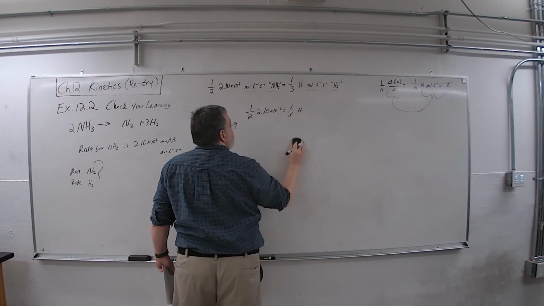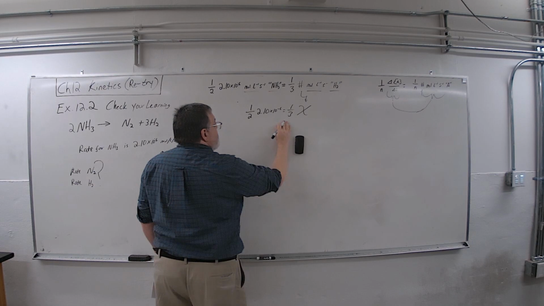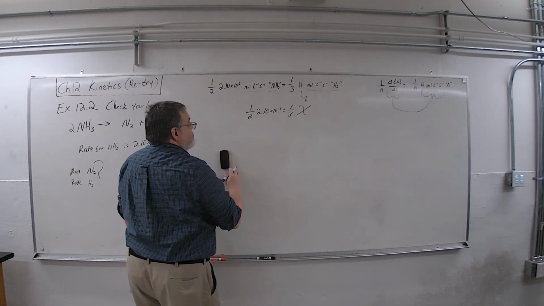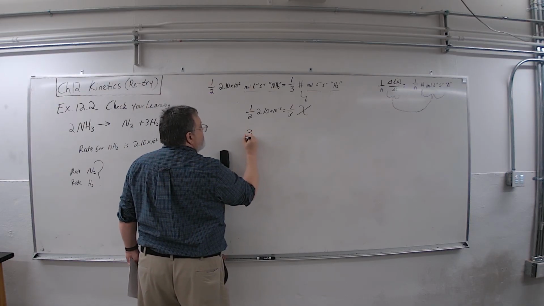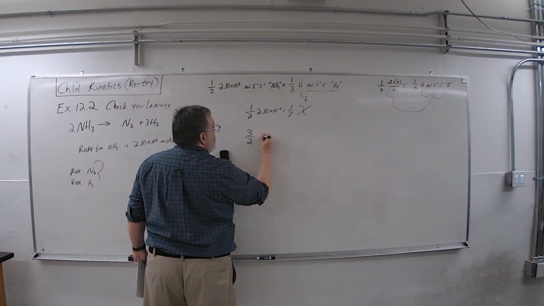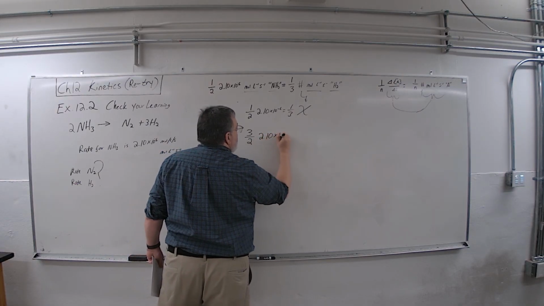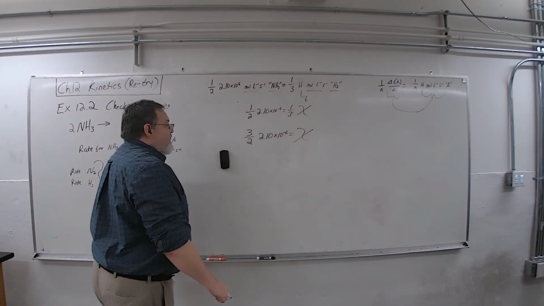Numerical value, but let's make that an X now. You solve for X, and that's the X that goes with the H2. Algebra-wise, I'm going to multiply both sides by 3, and that's going to be the answer.